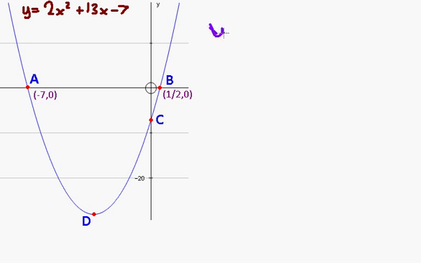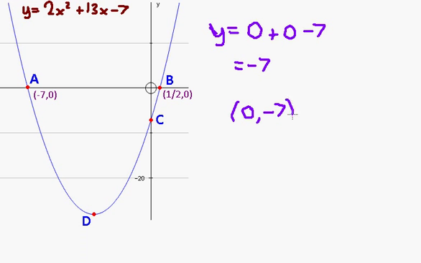So y is equal to 2 lots of 0 squared, which is still 0, plus 13 lots of 0, which is 0, take away 7. So y is minus 7. So the coordinates of C are (0, -7). That's the easiest one to find, but you still need to be aware of how you find it.